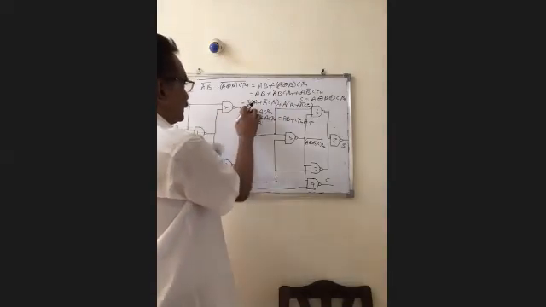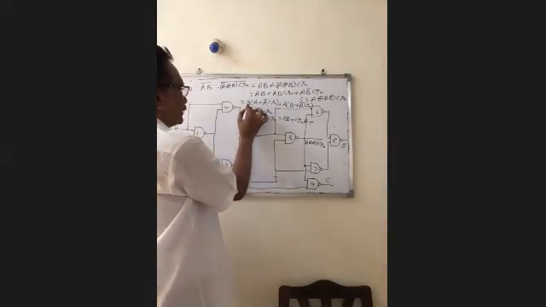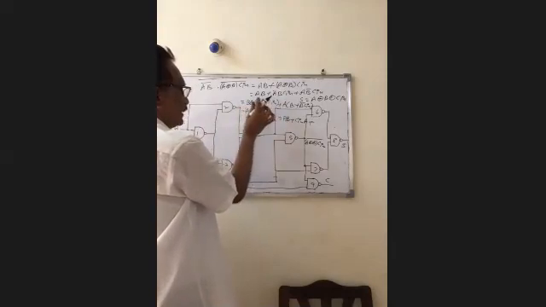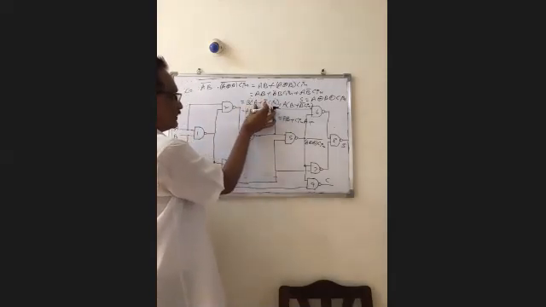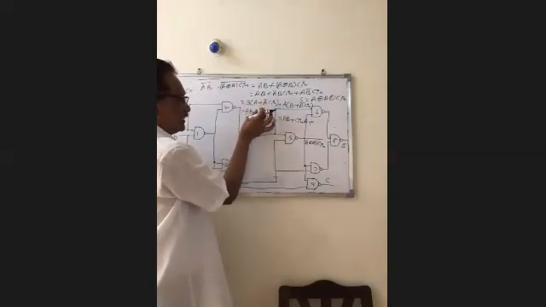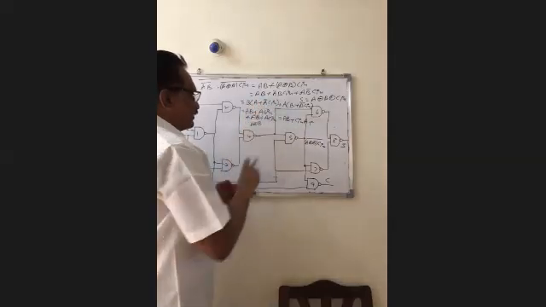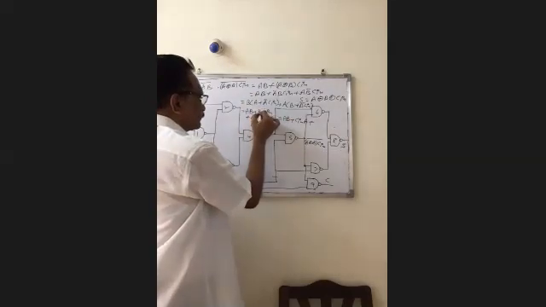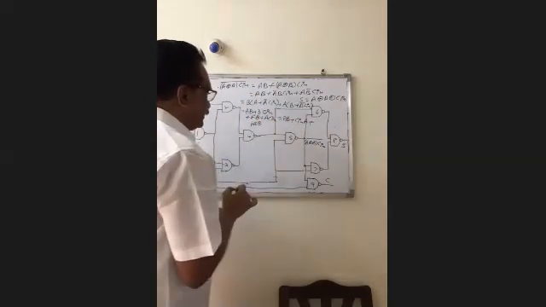So here it can be written as B into A plus A bar into C in. According to the simplification theorem, this can be written as A plus C in. So this is equal to B into A, that is AB, plus B into C in.